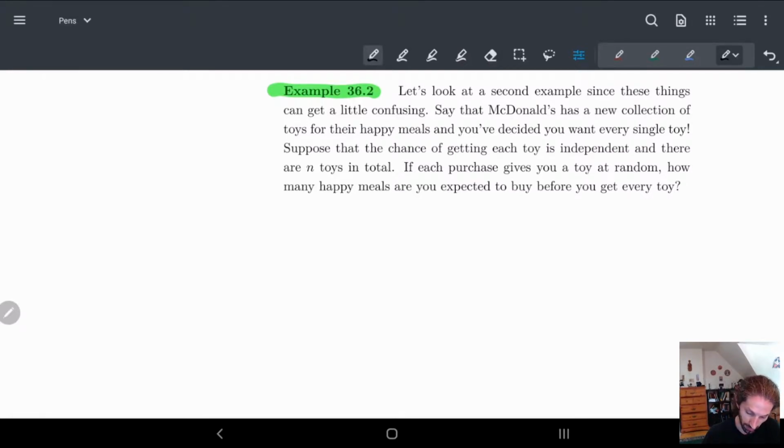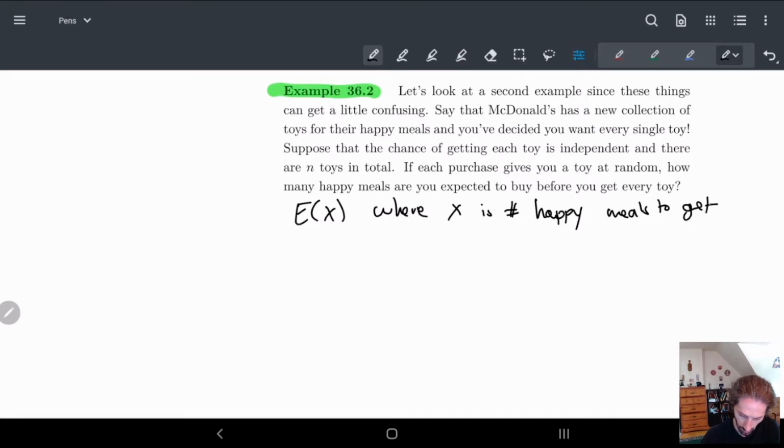We want to know E of X, where X is the number of Happy Meals to get every toy.